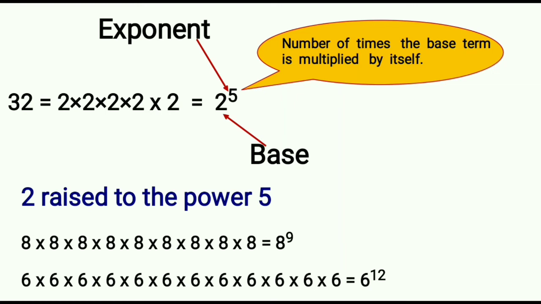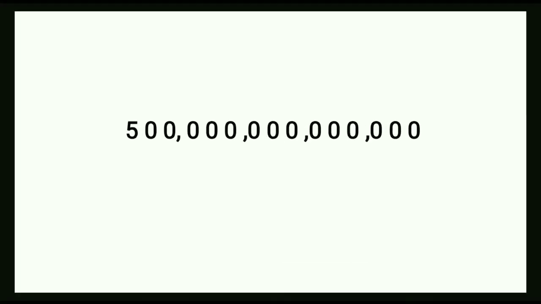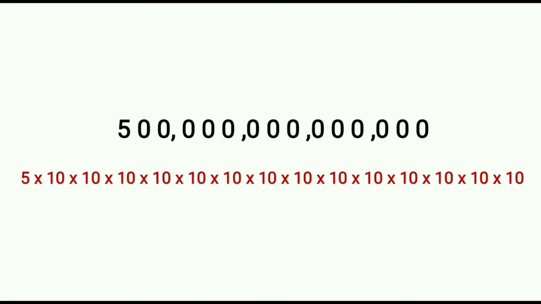Now, you must be thinking that why do we need to study exponents and powers? So firstly, we will study about it. Can you read this number? Yes, it is very difficult to read, but we can expand it easily like this.